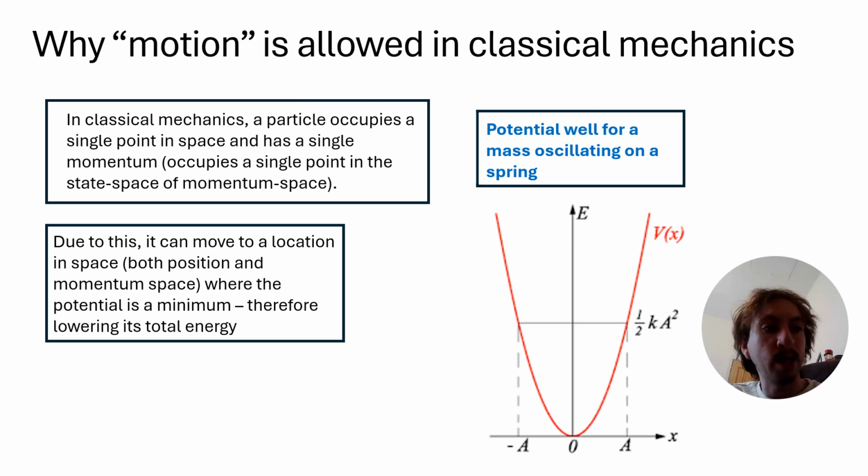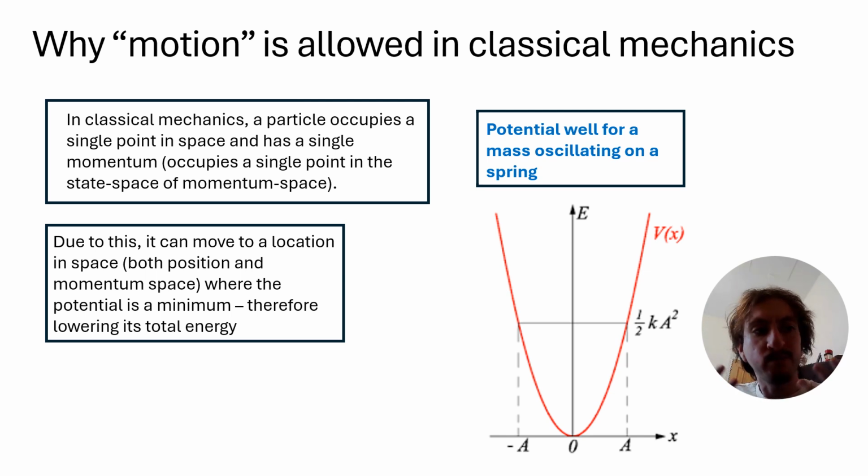And the equation half k a squared is essentially the equation for the potential energy in the spring, what we call the elastic potential energy, where k talks about the stiffness of the spring.